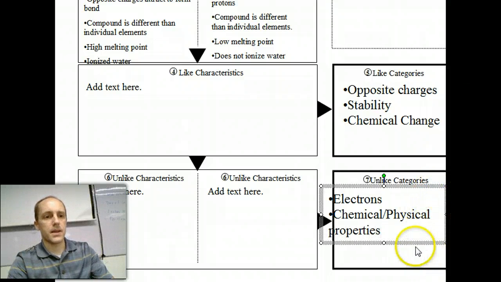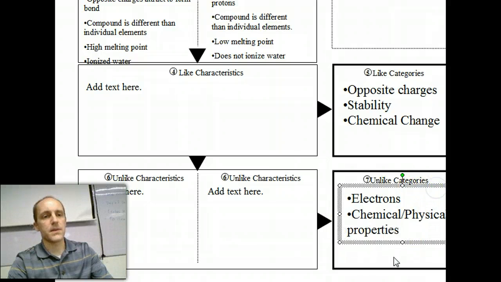So we can figure out that those are some of the differences in terms of unlike categories. So as I said, if you come up with different categories, that's fine, but these are some of the things that I was thinking of as I was looking at this table.